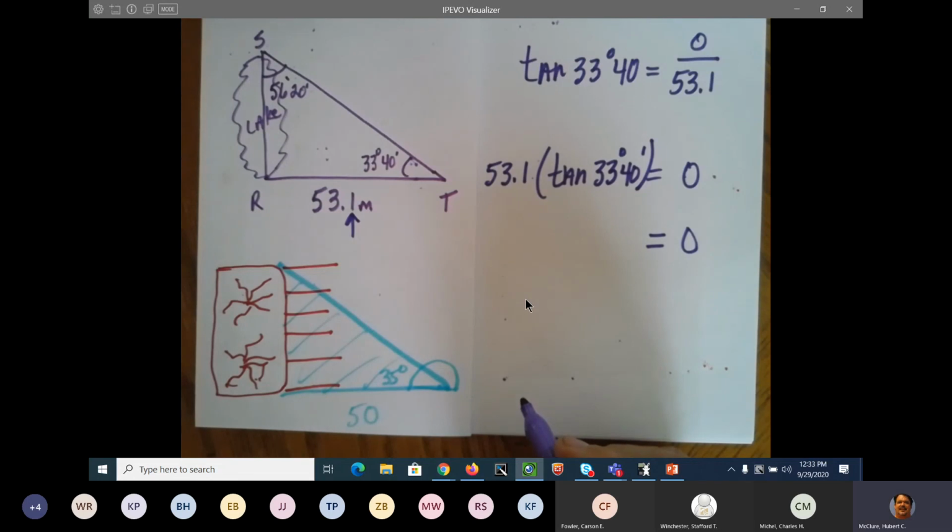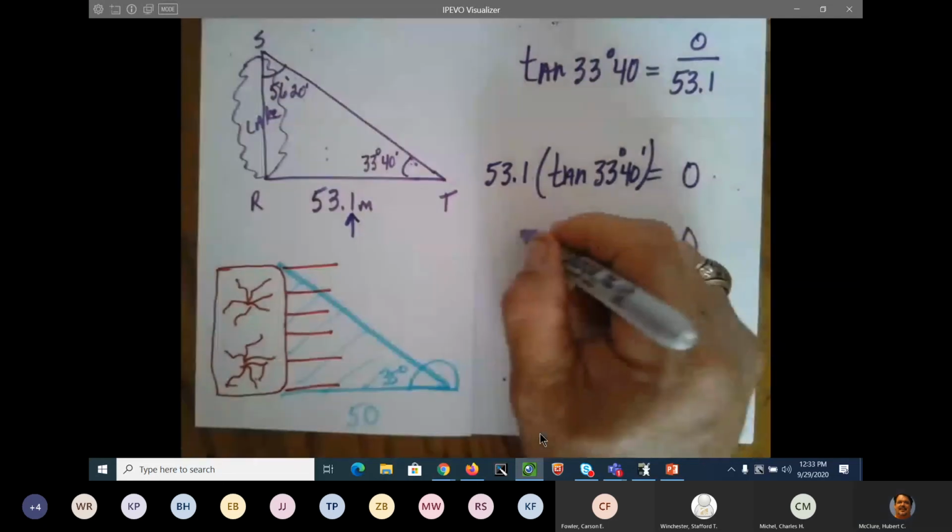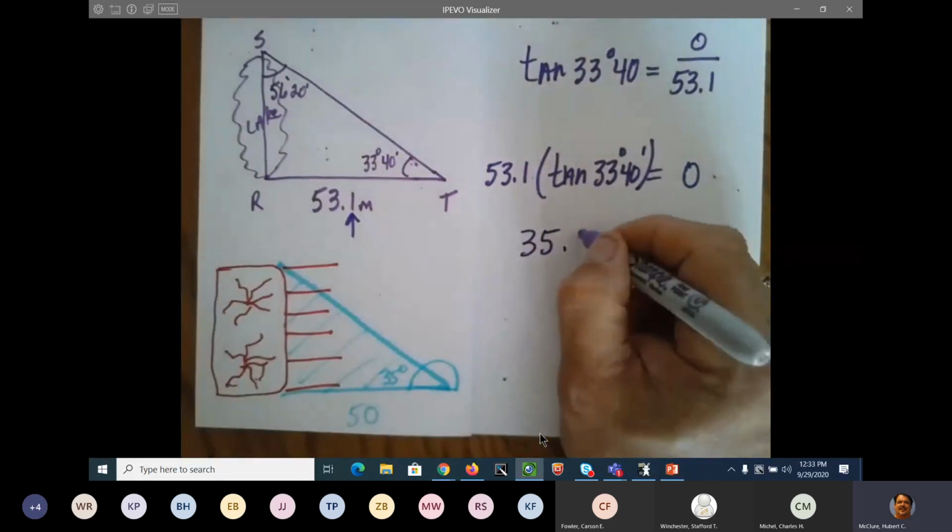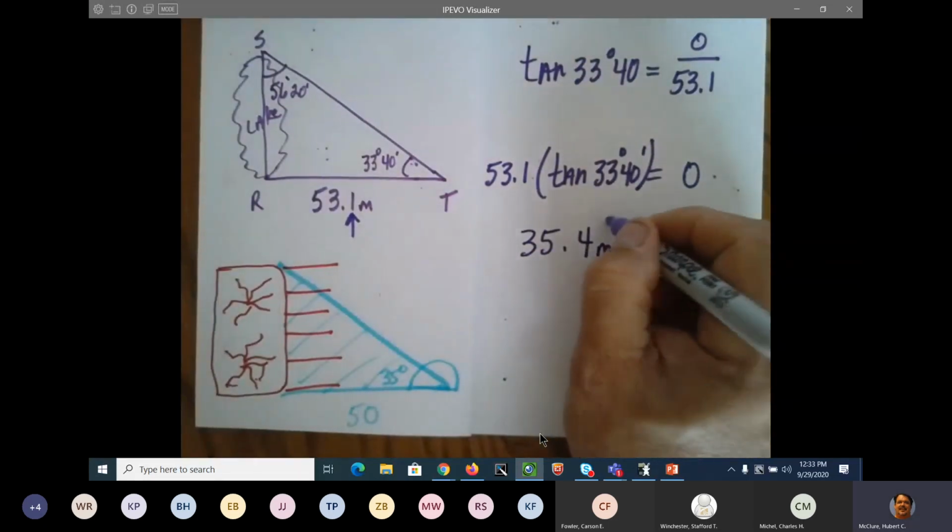Come on. We got 2 minutes before y'all explode. I guess I'm going to have to do it myself. Everybody else is asleep. 35.4. So the lake is 35.4 meters.